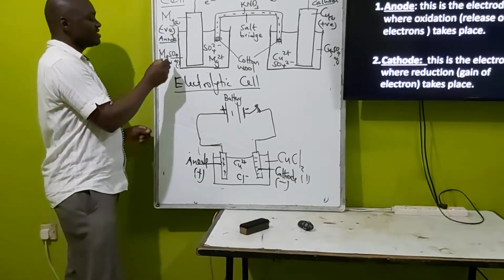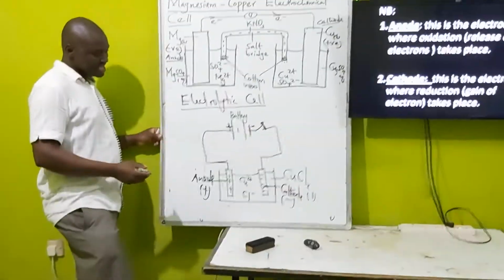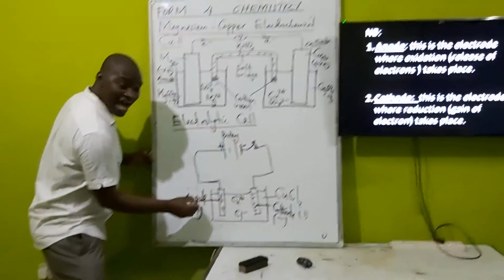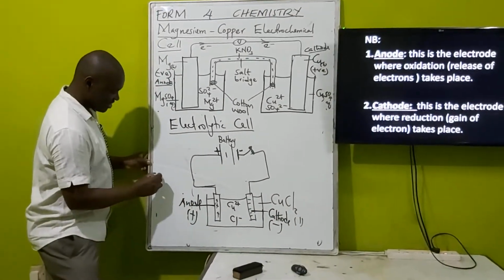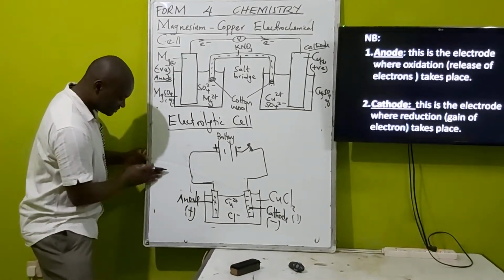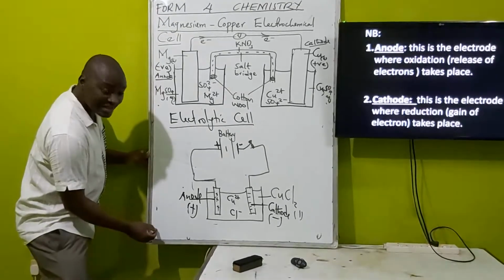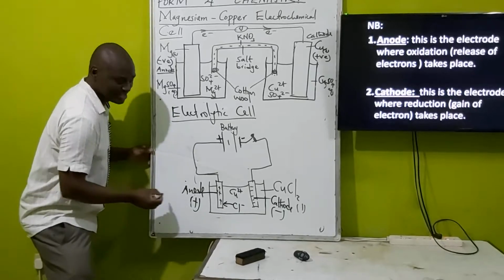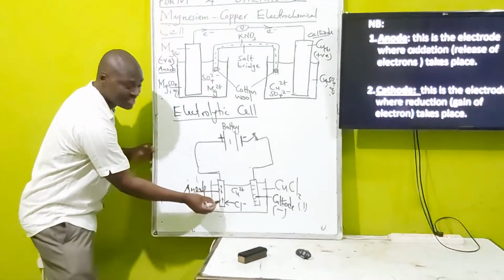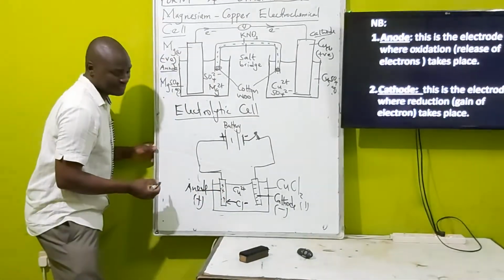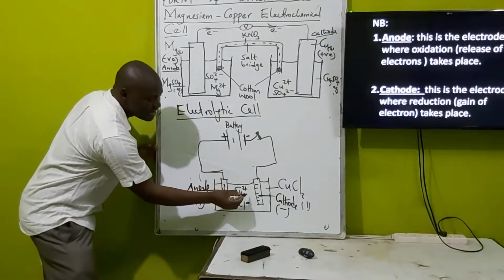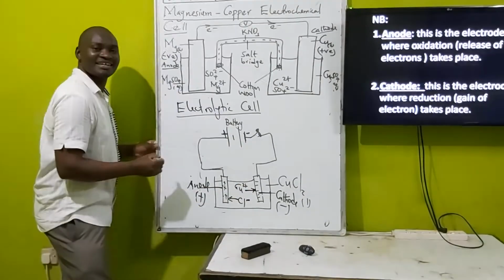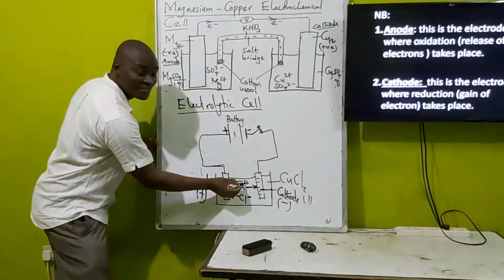Let us compare the reactions. At the anode, the chloride ions will be attracted to the anode because they are negatively charged. The copper 2+ ions will migrate to the cathode because they are positively charged.